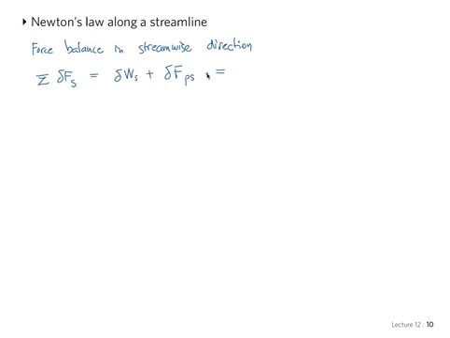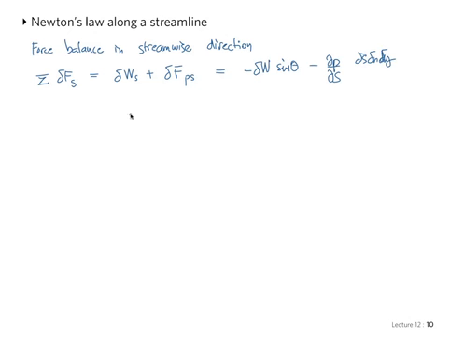But we already calculated these. Let me write it out. dWeight times sine theta. And then for these, we had minus dp ds times the volume, right? ds dn dy.